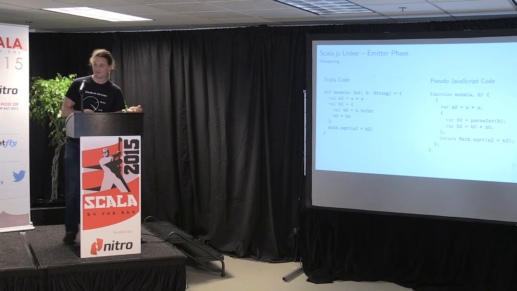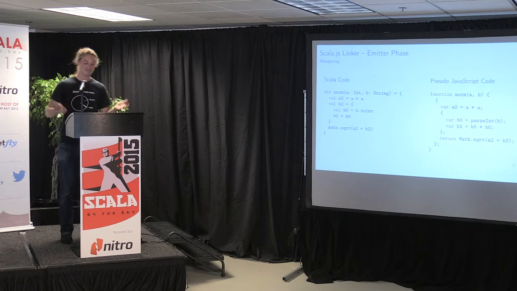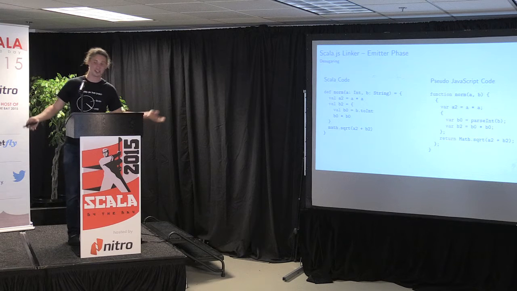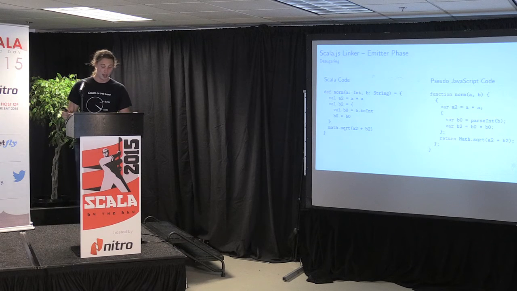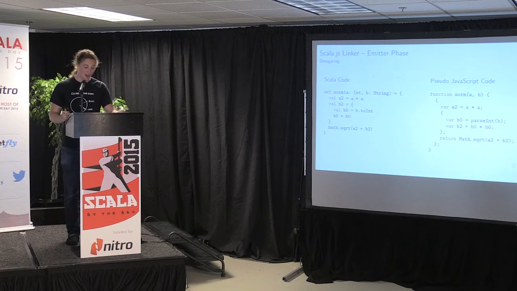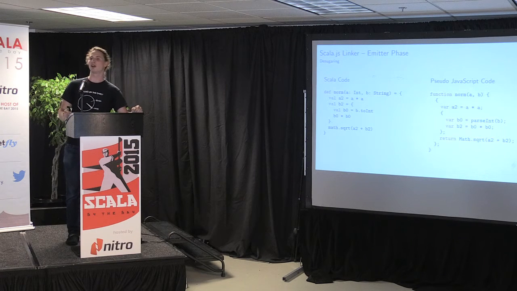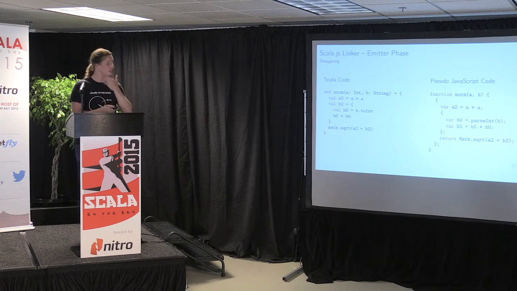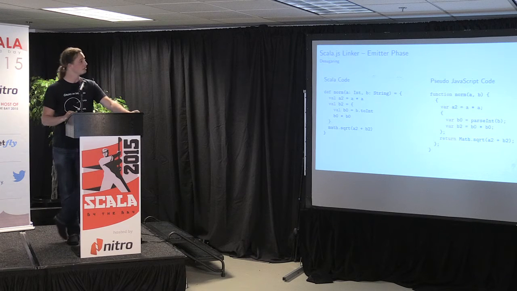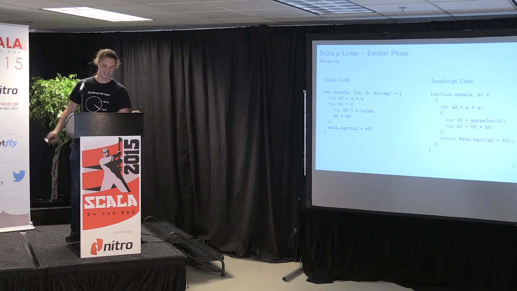In JavaScript, unfortunately for someone who writes JavaScript, fortunately for us, vars are scoped to the enclosing function block. So as long as we're careful and we don't have names that collide and we only optimize on the function level, which we do, we can perfectly do that. So this is actually valid JavaScript code.